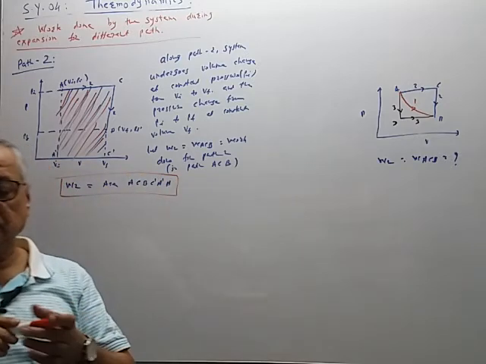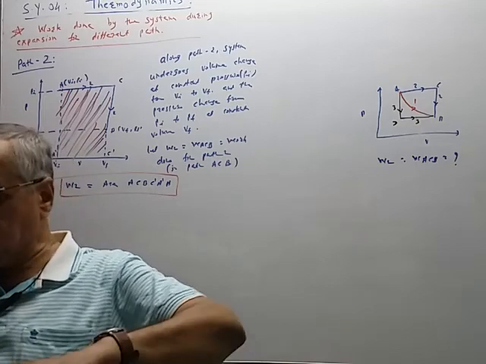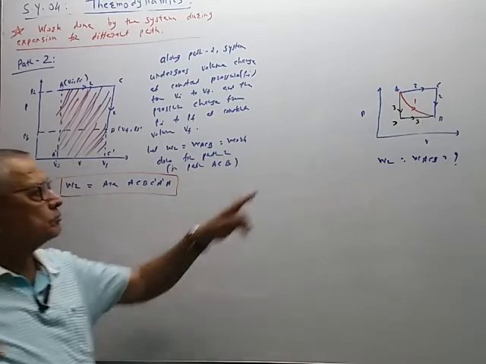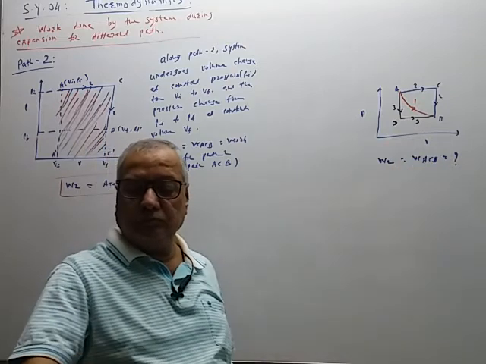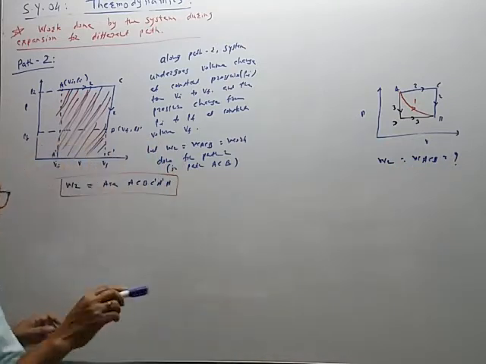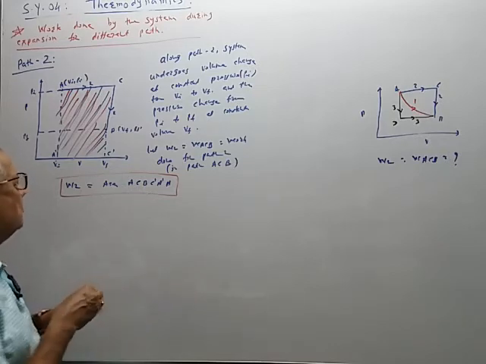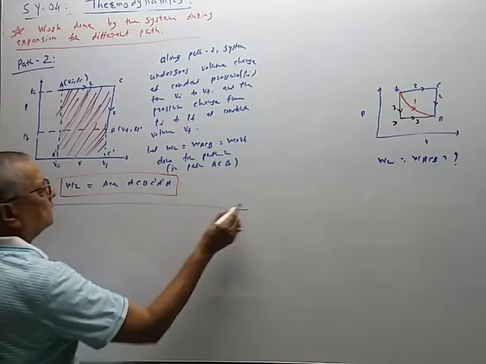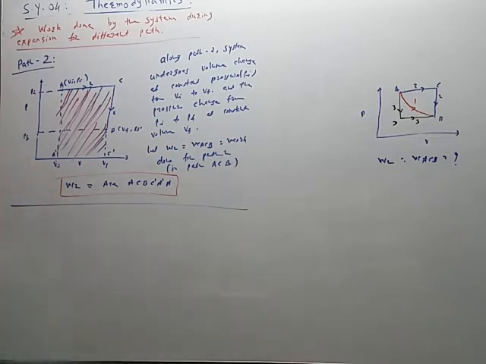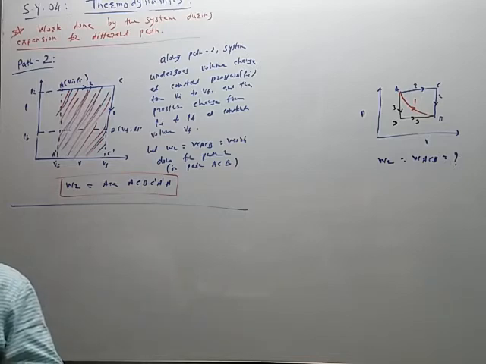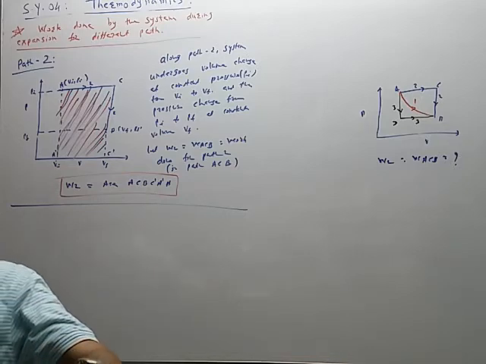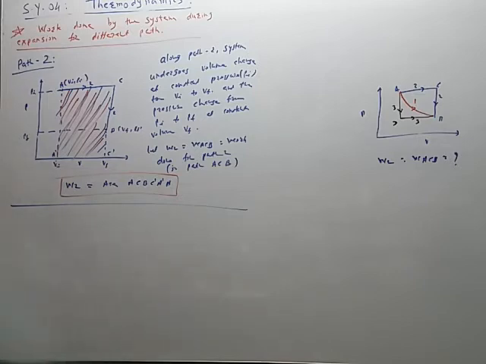Now we will consider this path number 3, the PV diagram.